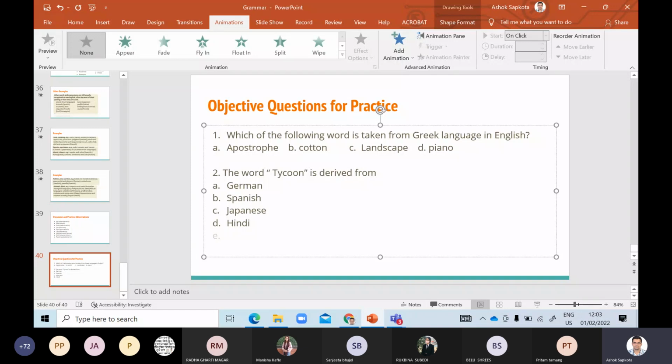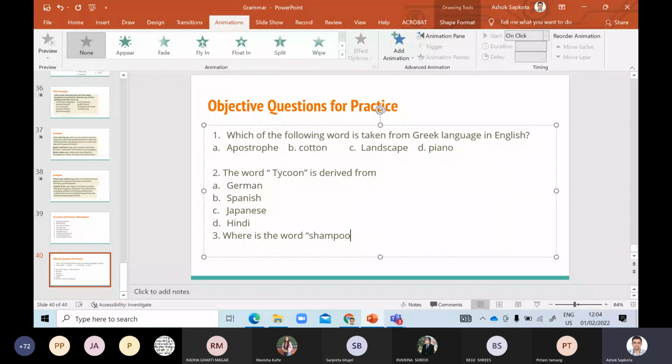Let's try the next one. Likewise, sometimes you might be asked in which language a word originated. Another one, a last interesting thing. Number 3. Where is the word shampoo derived from?